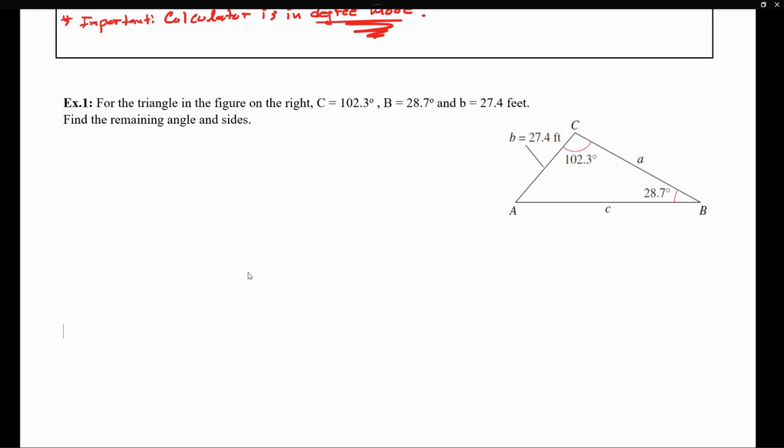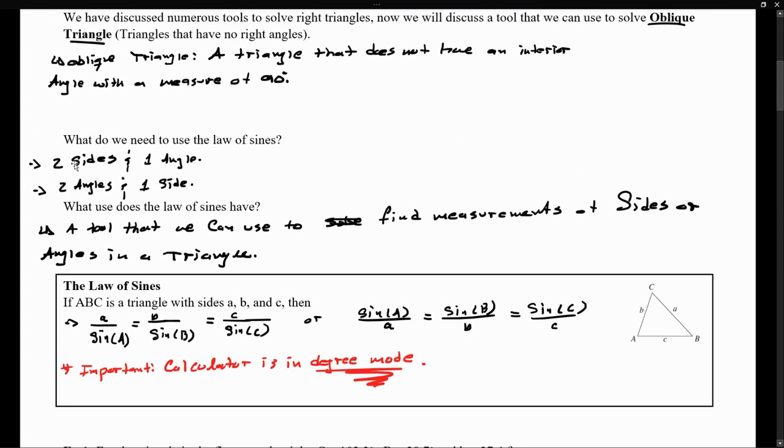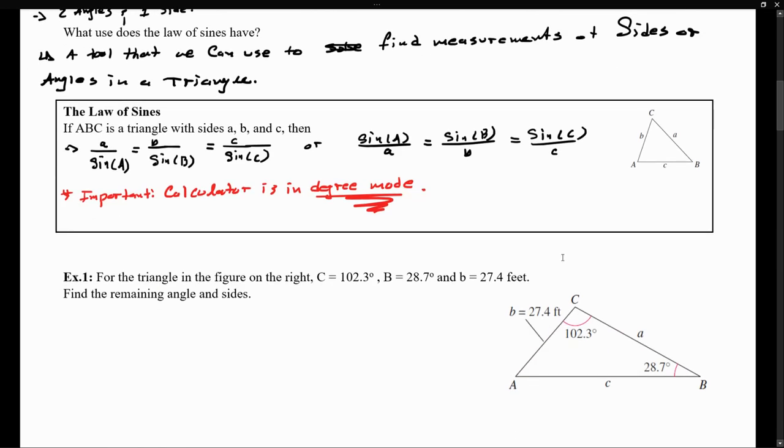But before we use the law of sine, ask yourself this question: do I have what is required? Well, I have the value of two angles, and I have the value of one side. So yes, that's definitely something that we can use, because this is one of those combinations. If I know the value of two angles and one side, then we can definitely use the law of sine, which is what we have here.